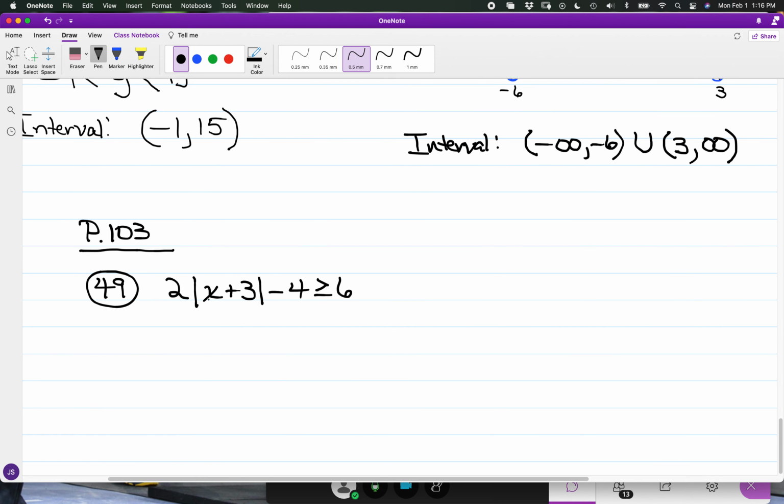Alright, so we're looking at isolating the absolute value of x plus 3. So I'm going to get this term by itself, first of all, by adding 4 to both sides. Now we're going to have 2 times the absolute value of x plus 3 is greater than or equal to 10.